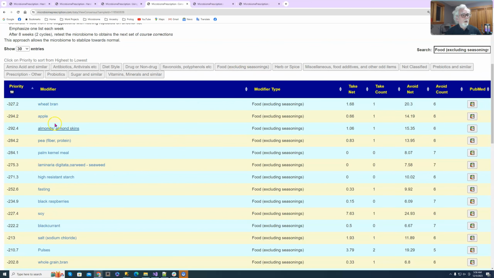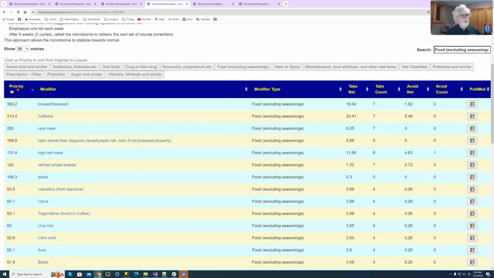For food, we have things like wheat bran, apple, almonds to be avoided. Again, remember 200 is the bad thing, high resistant starch. Let's take a look at the positive things. Flaxseed, linseed, caffeine. Caffeine, yes, cure all. Coffee or tea.